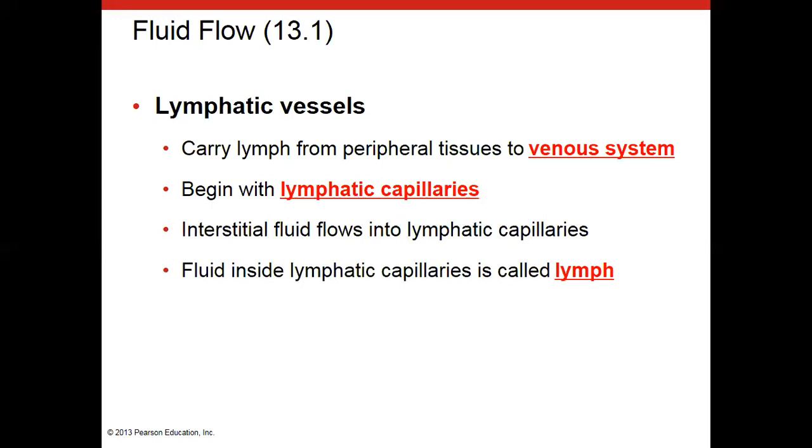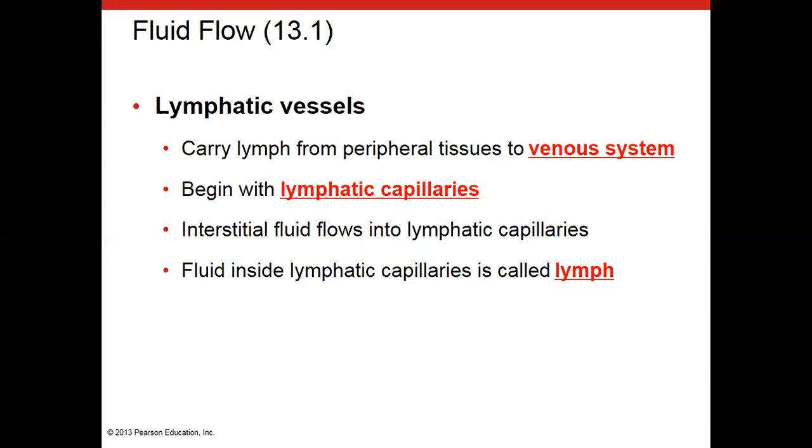That fluid leaves the blood without red blood cells, diffusing into the interstitial spaces in the tissue. Then it gets drained out of the interstitial spaces into lymphatic vessels. Those lymphatic vessels carry lymph all the way back to the venous side of circulation.